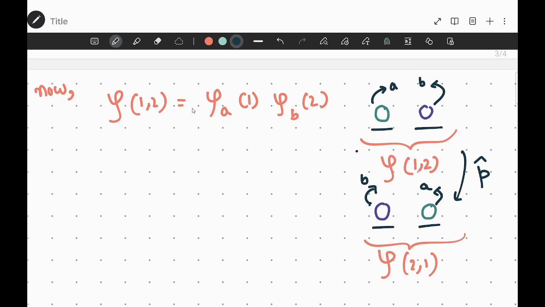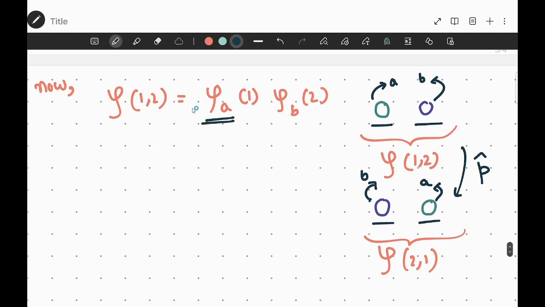You know that wave functions are multiplicative, so it will be the multiplication of two wave functions: psi A, the wave function for the first particle, and psi B, the wave function for the second particle, and these are the coordinates 1 and 2. Is it clear how I have written the formula for the composite wave function?